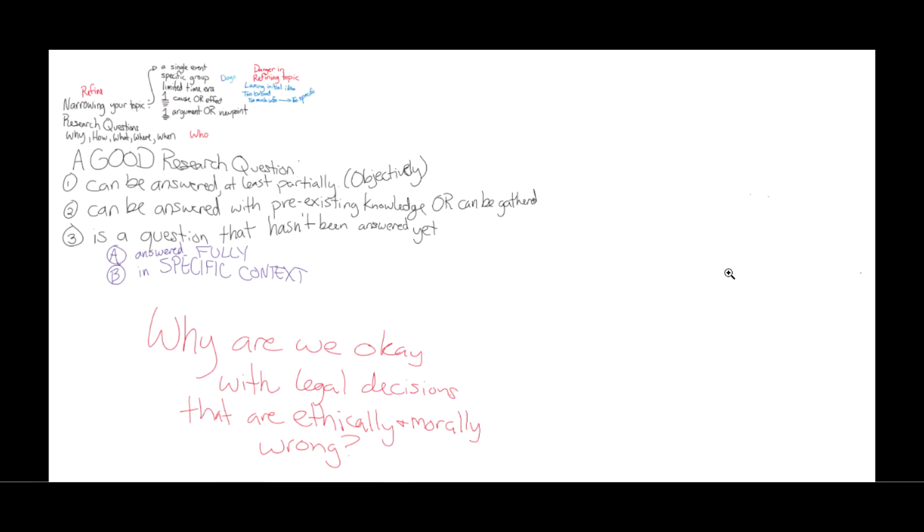It's pretty much been answered, fully and in pretty much every specific context. There are very few specific contexts for both of those subjects that haven't been addressed yet. And unless you want to give me one of those, if you can make the argument, I will gladly break my rule and let you do that topic. But you have to prove to me without a doubt that it is a question that has not been answered yet, at least fully or in that specific context.